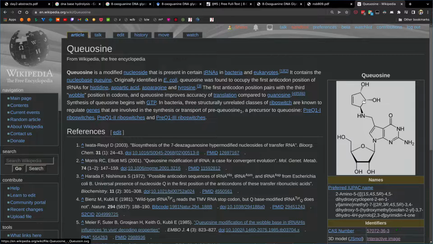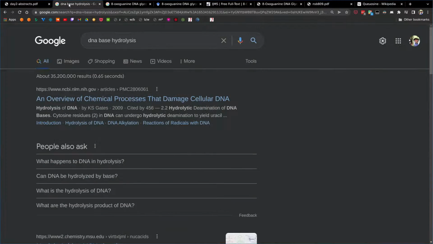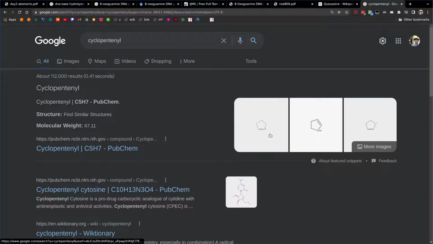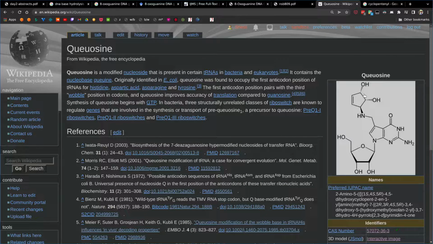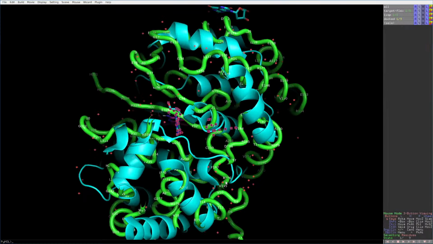This one, what was that? Cyclopentyl. That's that one. What did they say about it? Cyclopentyl. Okay, now where did we put it?